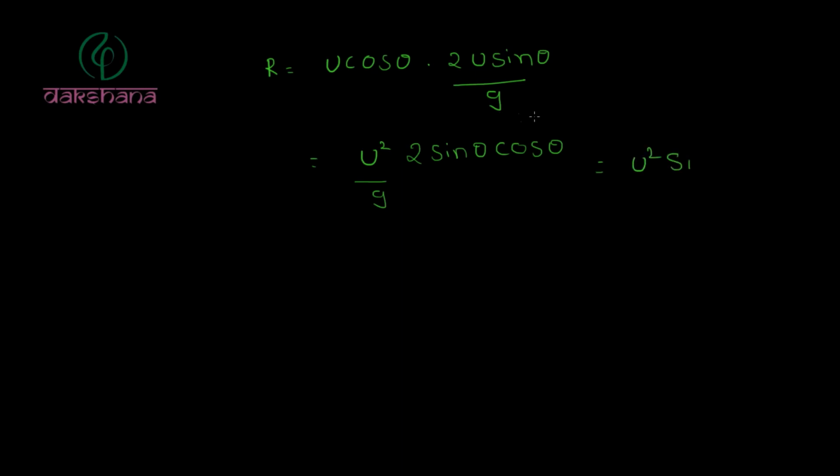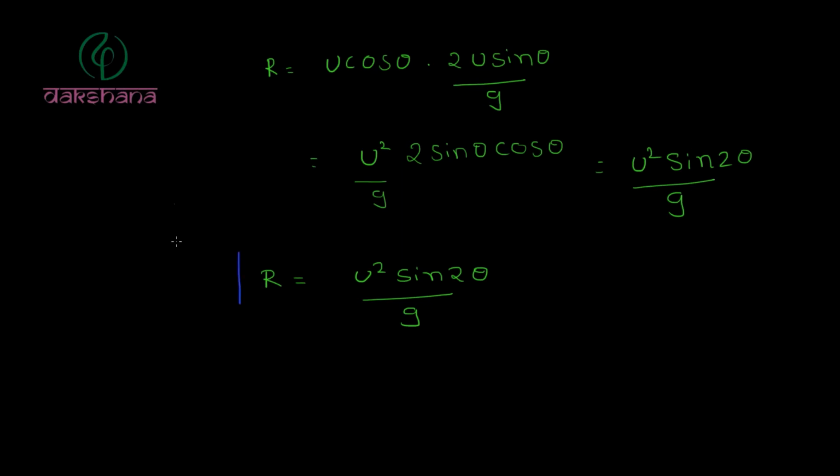So this will be u square sin 2 theta by g. Therefore range is given by u square sin 2 theta by g.